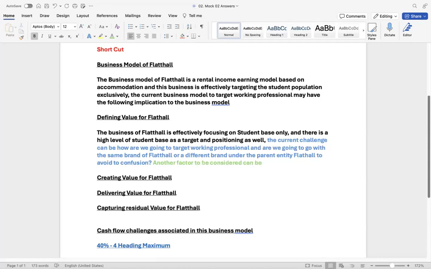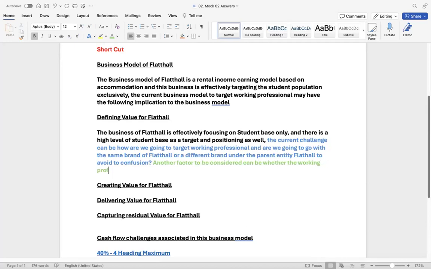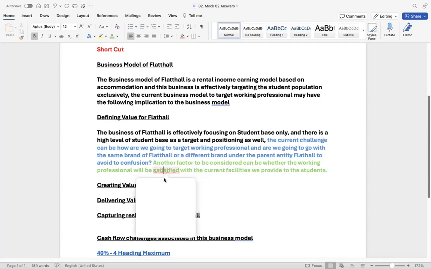can be whether the working professionals will be satisfied with the current facilities we provide to the students. Now that is also one more question.